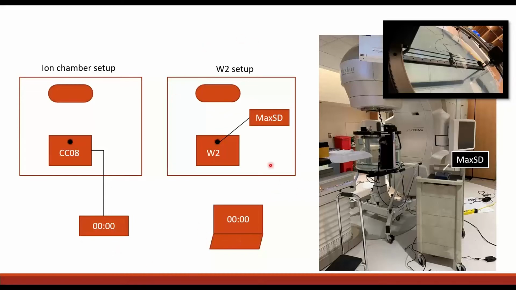For the W2 setup, the W2 worked with our standard Sun Nuclear 3D water tank. Here you can see we put it right where we would put the ion chamber, and it connects to the MAX-SD inside the room, which then connects wirelessly to your laptop through a browser in the control room.